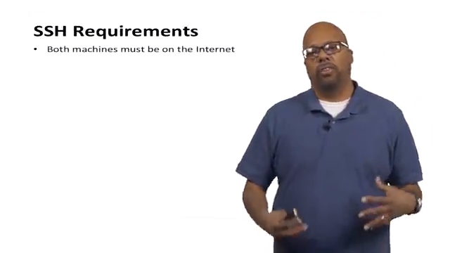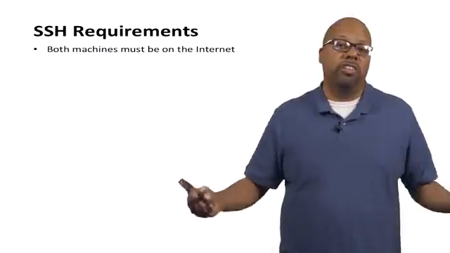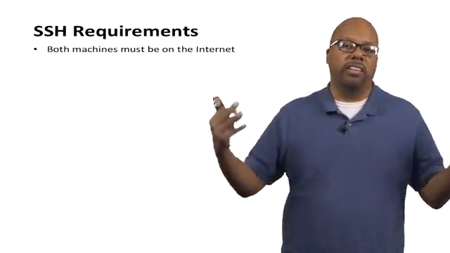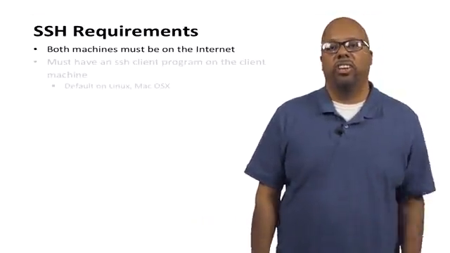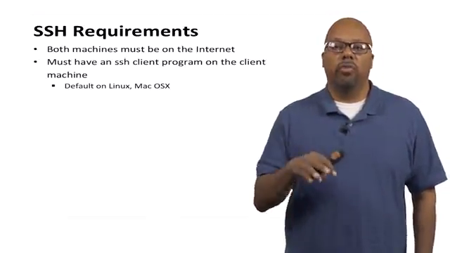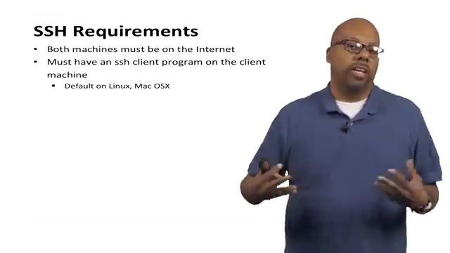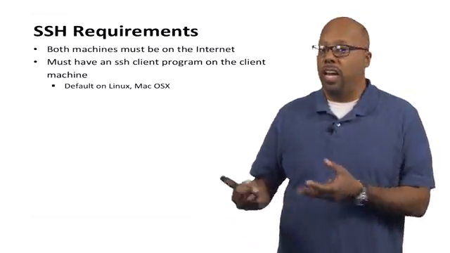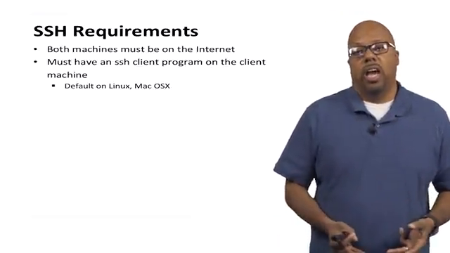Okay, so requirements. In order to run Secure Shell, first, both machines have to be on the internet. They both have to be connected to the internet somehow. Both have addresses on the internet. You must have a Secure Shell client program running on the client machine. So if my client machine is a laptop, then I've got to have a Secure Shell client running on the laptop.